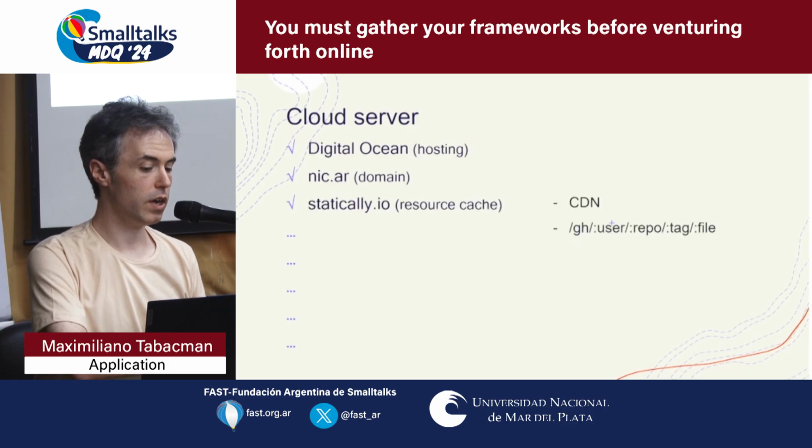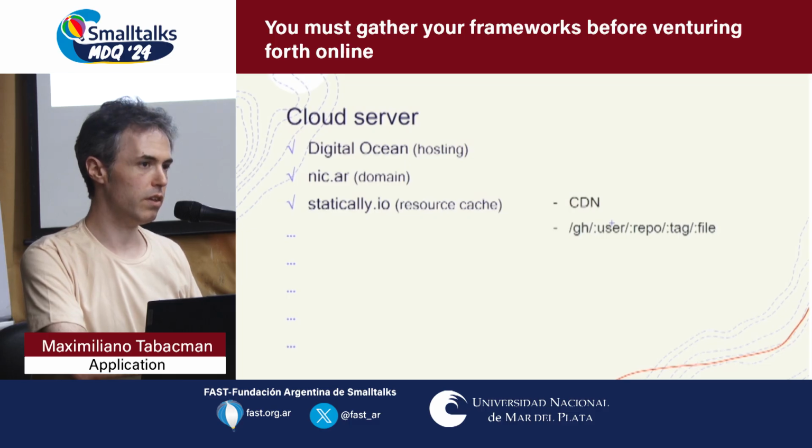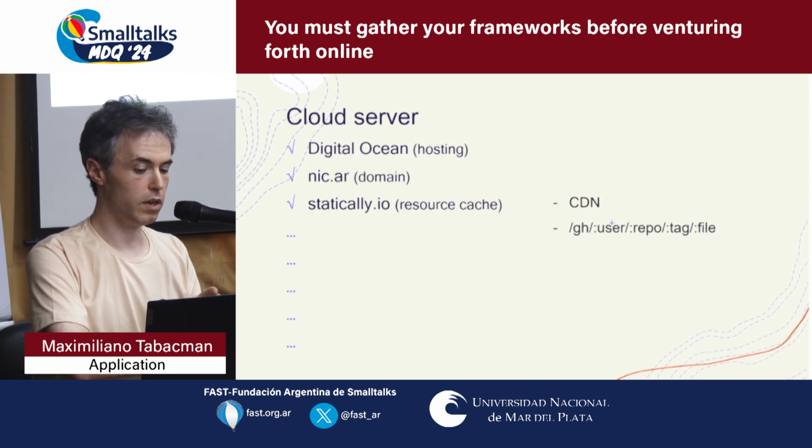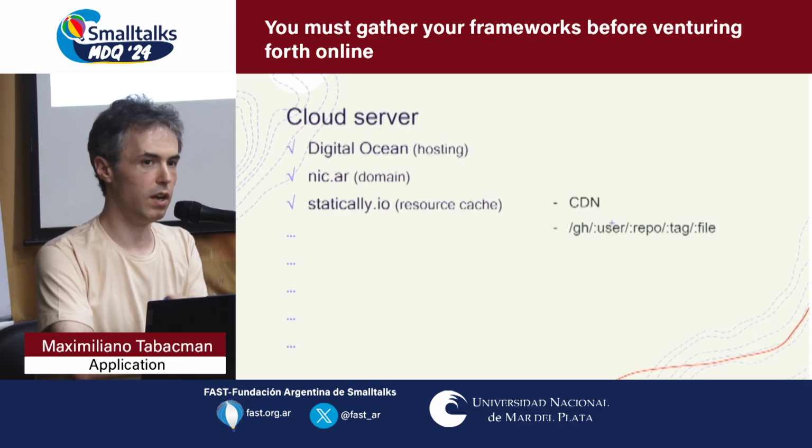So there's also statically.io. This allows me to have a resource cache because I don't want the users to be constantly asking Seaside for the files. I use Renoir to declare how the CSS files work. For example, I generate them as static files, and then using statically.io, you use your user, repo, tag and file.